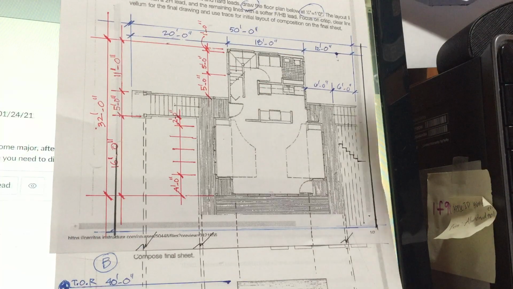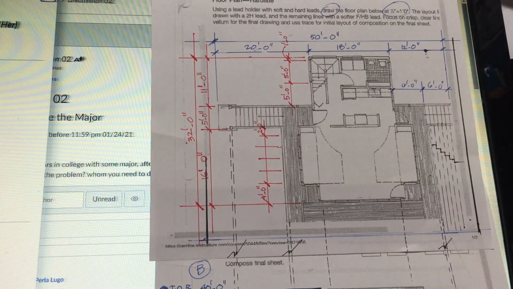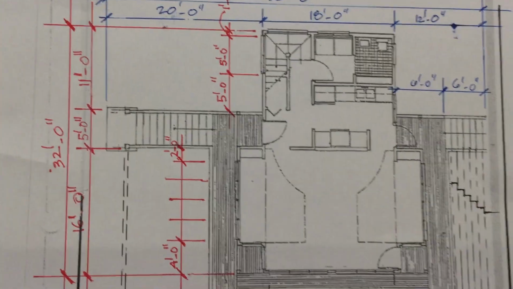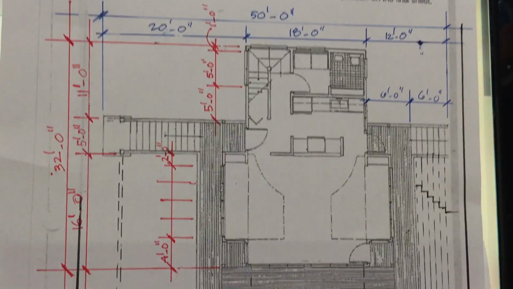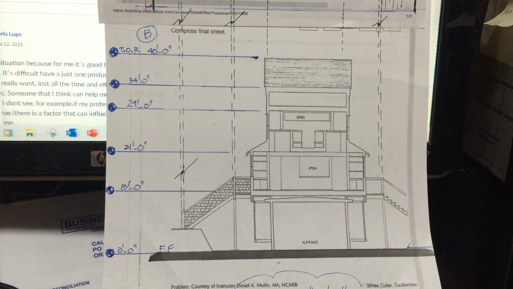Okay, so that's all the information for you to do assignment number 2. The first part is to draw the floor plan. This one. The second part, you draw the elevation right here.